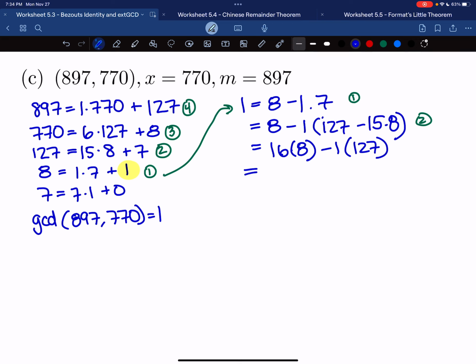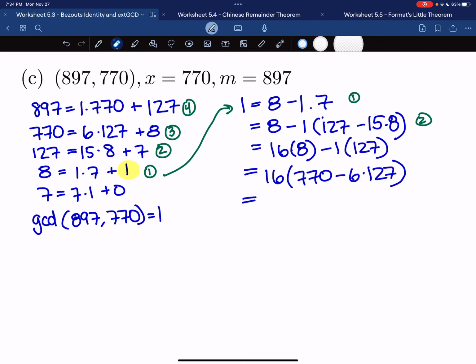And then if we look at equation 3, we can expand out that 8 to say that it is the same as 770 minus 6 times 127. And that's from 3. Oops, I lost sight of something there. Hold on.